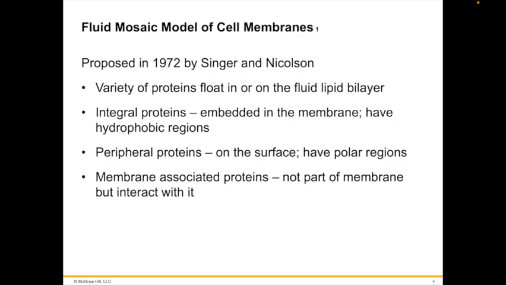We now recognize two categories of membrane proteins based on their association with the membrane. The integral proteins are associated by being embedded within the membrane. I'll say again, integral membrane proteins are embedded in the membrane, whereas peripheral proteins are associated with the surface of the membrane. So peripheral proteins are surface membrane proteins.